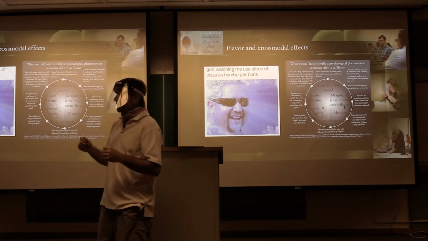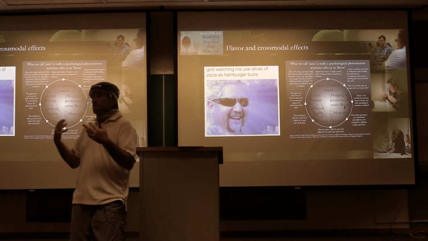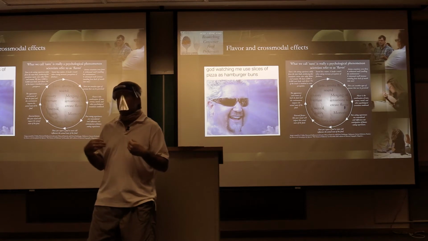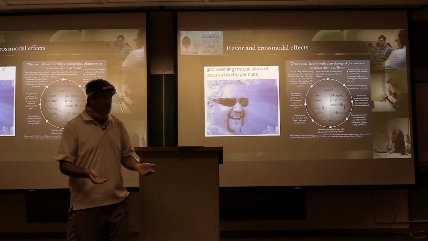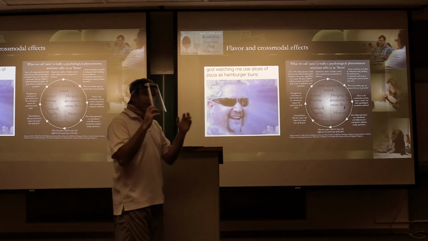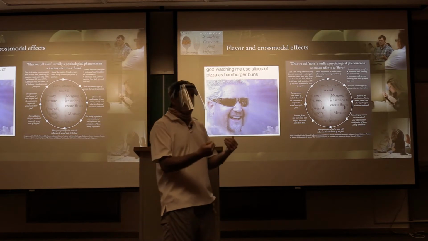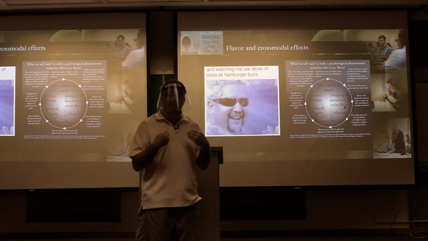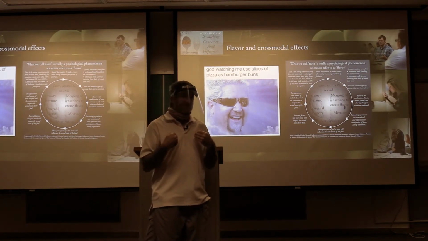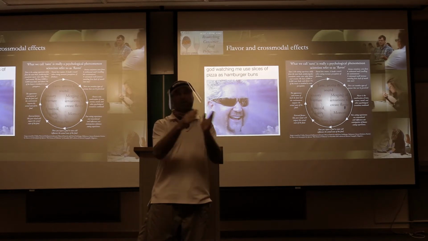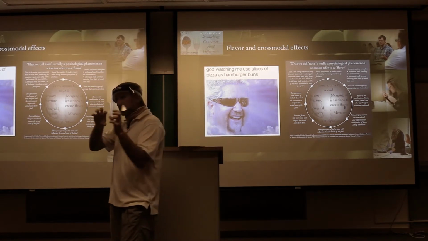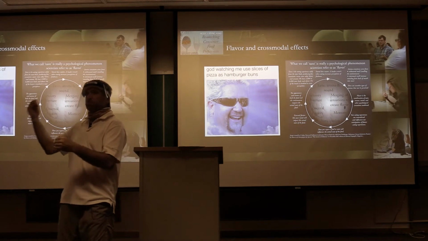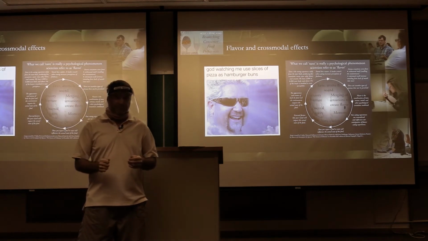If the person doesn't know you did that, it will taste sweeter to them than if the red food coloring was not in there. So the changing of the color, the appearance, changed the flavor. It changed how you perceive the taste bud sensations. So that's a cross-modal. Modal like a type of sense, and cross how one sense impacts another.